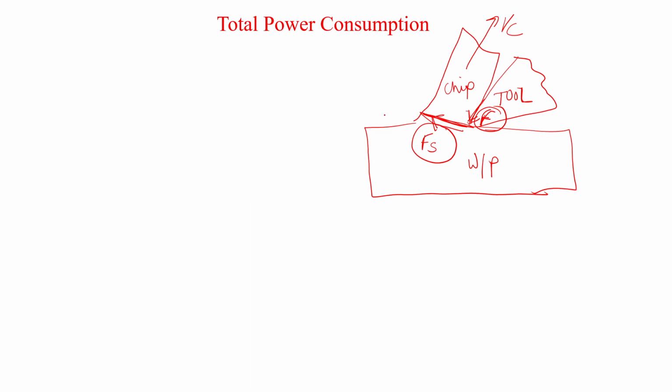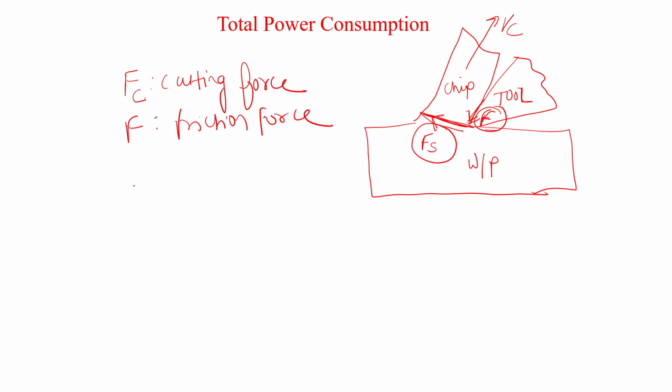So basically we have three forces. One is Fc, which is the cutting force, one is F, which is the friction force, and one is Fs, which is the shear force, right?